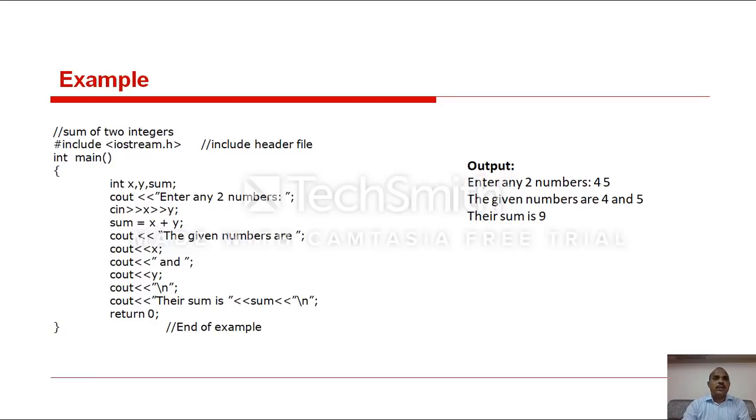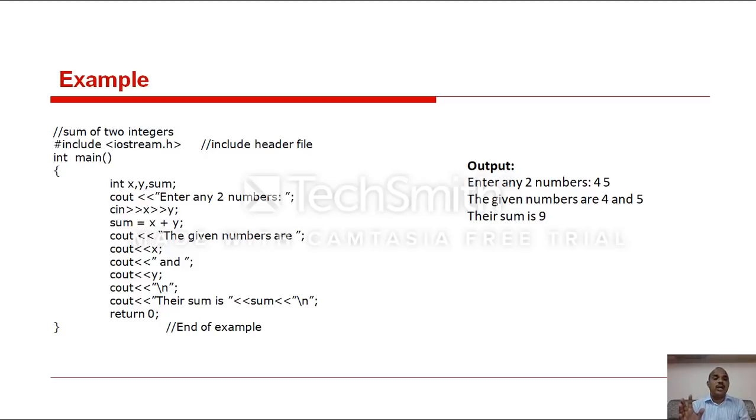So then here, integer x comma y comma sum. We know integer is a basic data type in C language. Those data types are also available in C++. C++ is an extension of the C language.